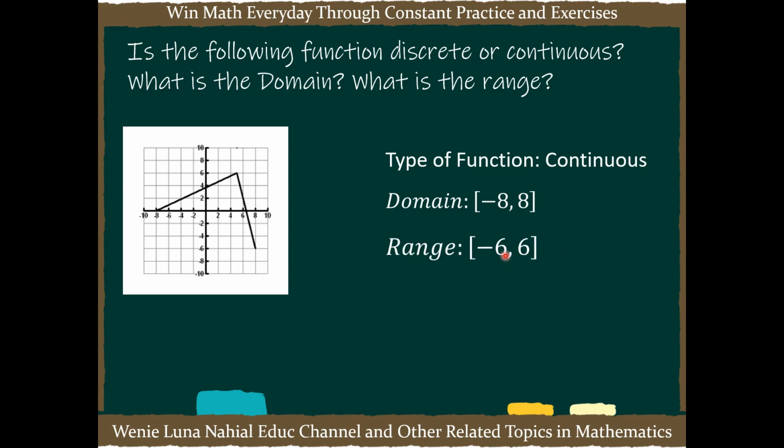Now, for the range, we have here -6 and 6. Look at the last point of the graph. This point has coordinates (8, -6). So the x-coordinate here is 8, and the y-coordinate, which is -6, is here.